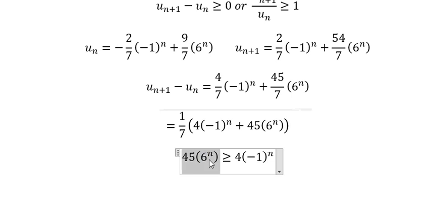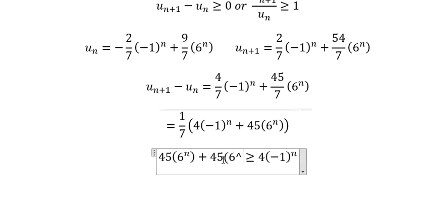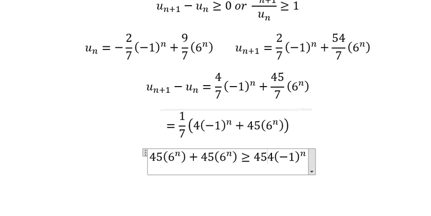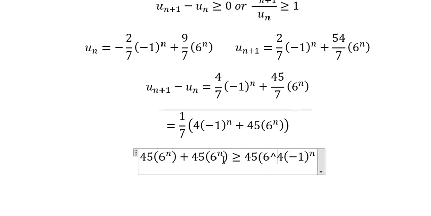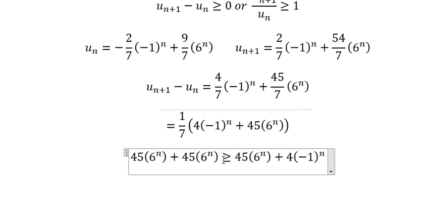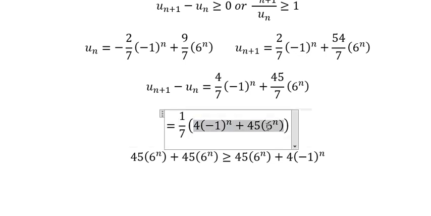So since this is bigger than this, if I add 45 times 6 to the n on both sides of the equation, in fact, this whole quantity on this side is always positive.